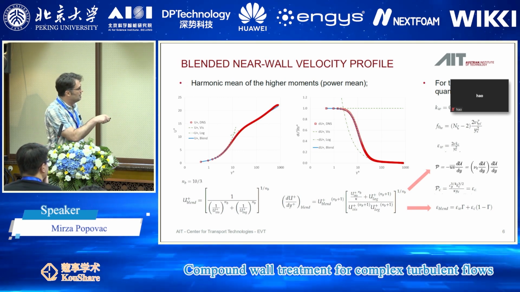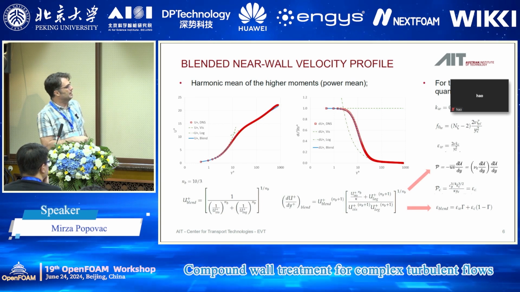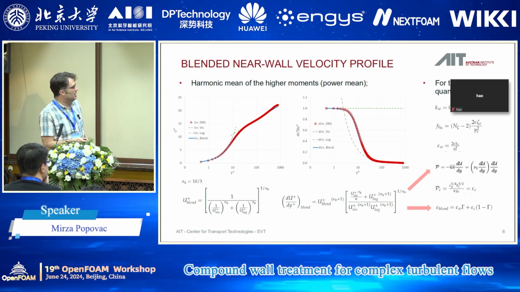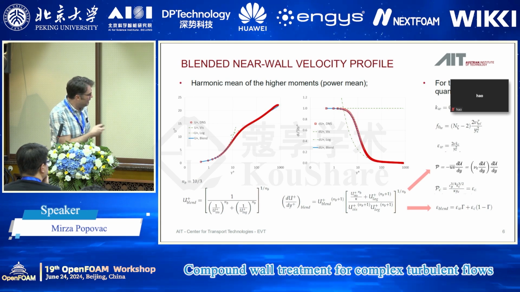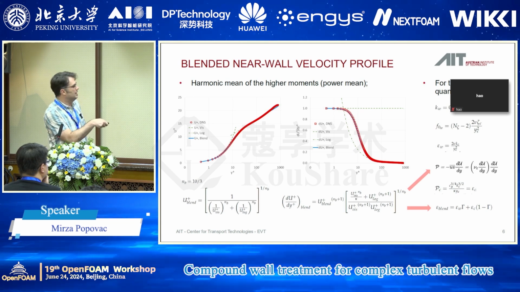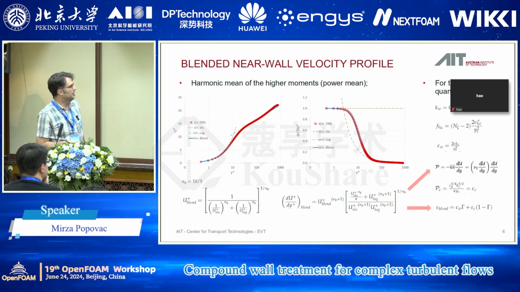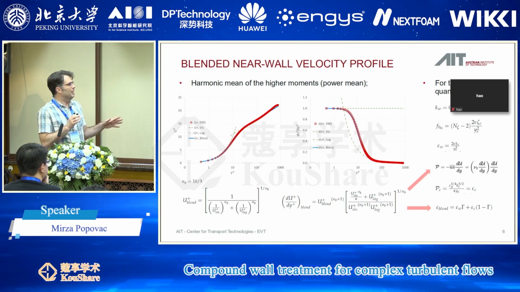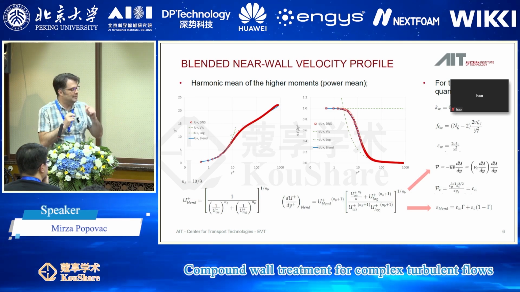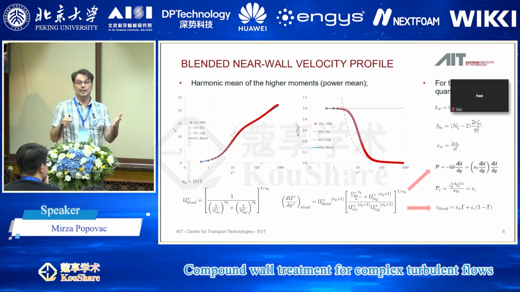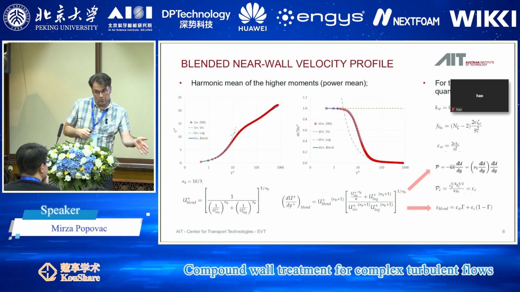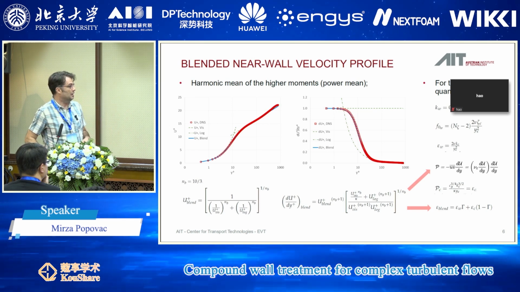And not only velocity, but also the gradient fits perfectly, which means I have an algebraic expression for velocity and its gradient throughout the near wall region, not explicitly dependent on the thickness of the sublayer, or however you defined whether you are going for low Reynolds or standard wall function.